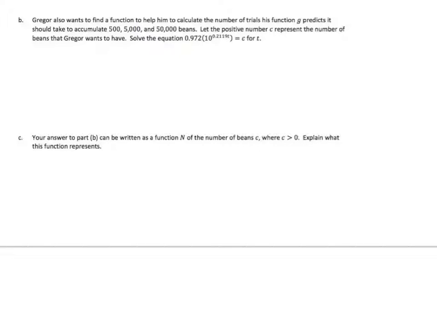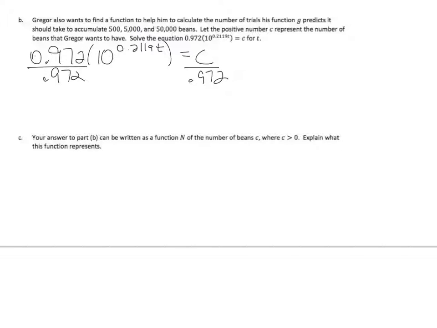We are good at this now. 0.972, 10 to the 0.2119 T equals C. So we're solving this for T. First, I'm going to divide both sides by 0.972. Left over, I have 10 raised to the 0.2119 T equals C.